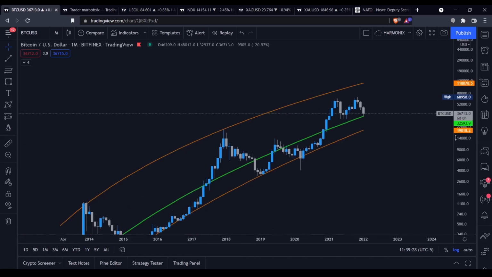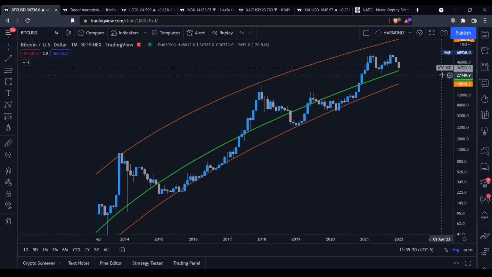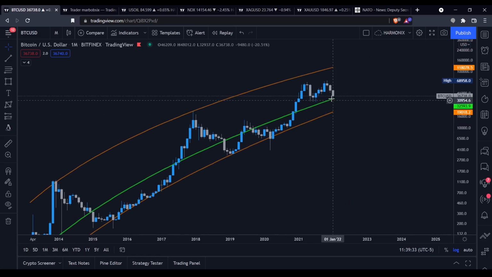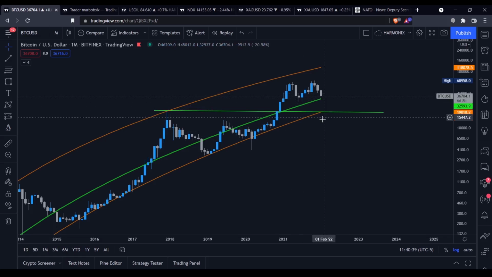Another interesting development on the macro is when using the long-term regression tool, we can see that so far we are at the midline or the hard line of the regression tool, holding a key level at 32,500. If breaking below the hard line of the regression tool, we have the lower curve line at $19,000. This is on the monthly time frame. It takes time to go to these levels. We're going to see how price action develops.